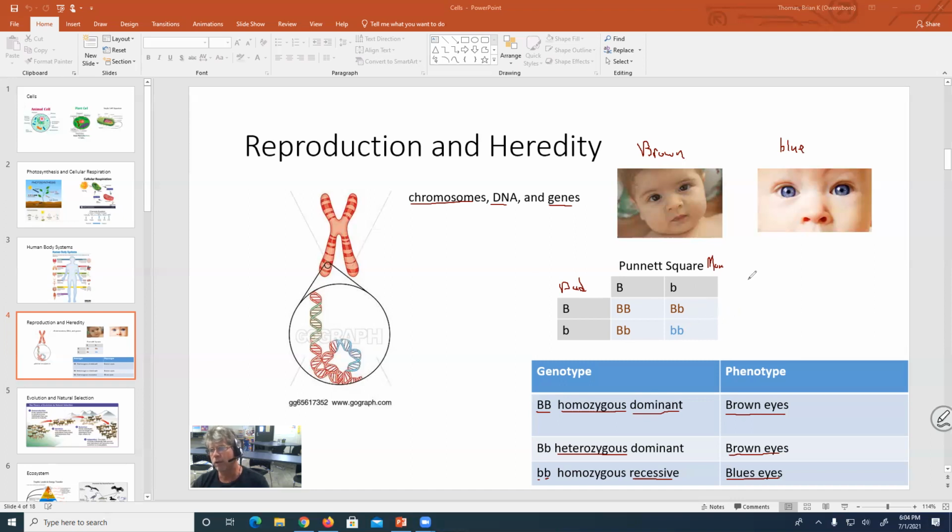So since this is 1 in 4, that would be a 25% chance of being blue, and then there is a 3 in 4, or a 75% chance of being a brown eyed baby.